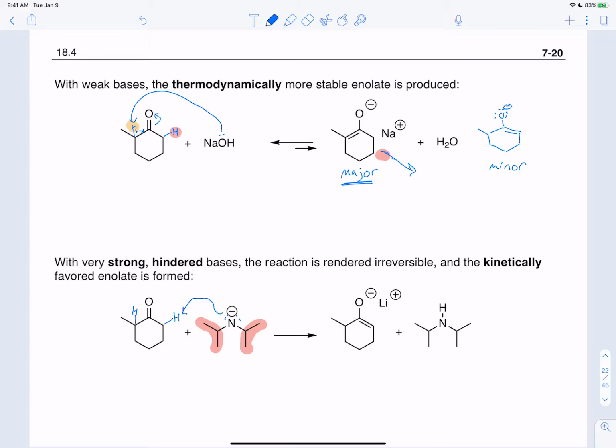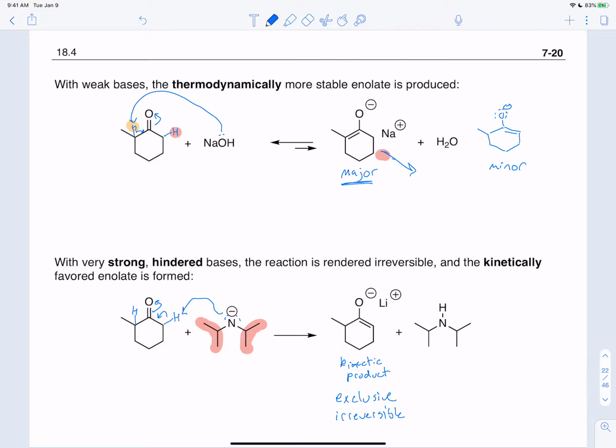It will exclusively deprotonate to give the kinetically favored enolate product. This is pretty much the exclusive product of the deprotonation.